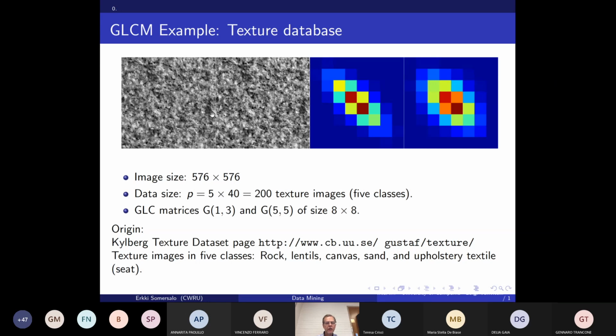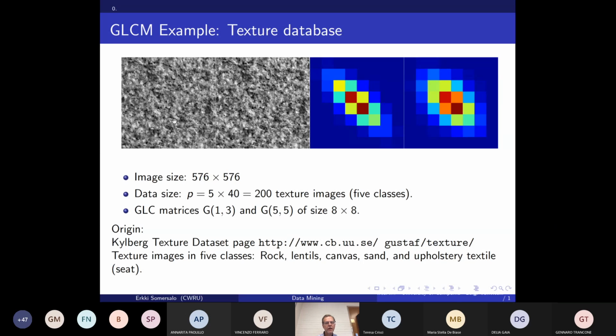So here is, I think, rock. This is just images of stone. In my pictures, on the left there is always the original picture, and next to it is the 8x8 coarsened image. Then I have the co-occurrence matrix with offset 1, 3, and then an offset 5, 5.